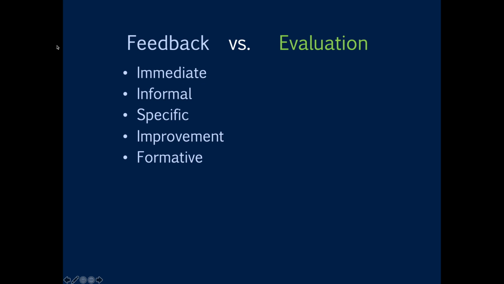It's often informal. While you can sometimes have a learner come into your office and sit down and get some feedback, for the most part, it's happening informally and it's happening all of the time. It's usually about specific observable behavior that you just saw. It's focused on improvement, and in that way, it's formative. It's helping them improve along the way as they're on your service.